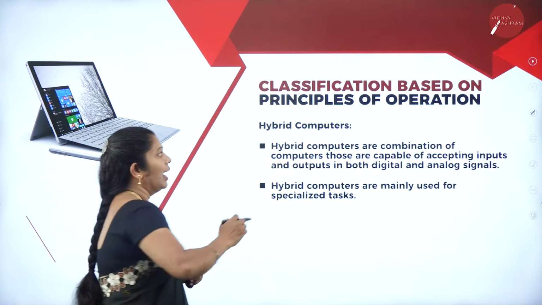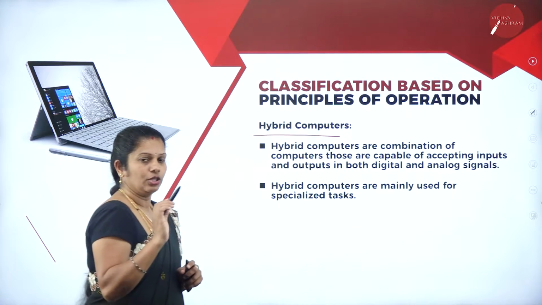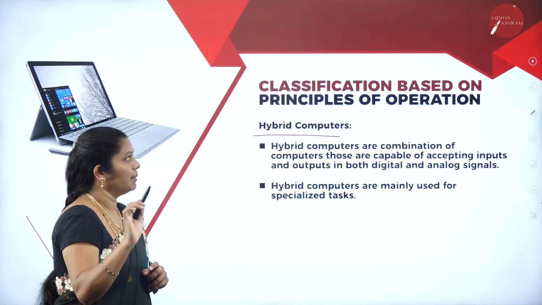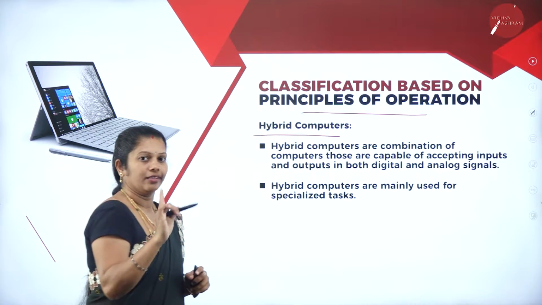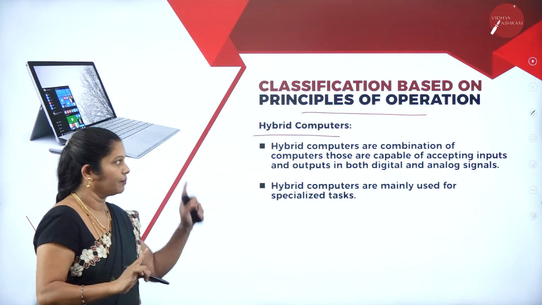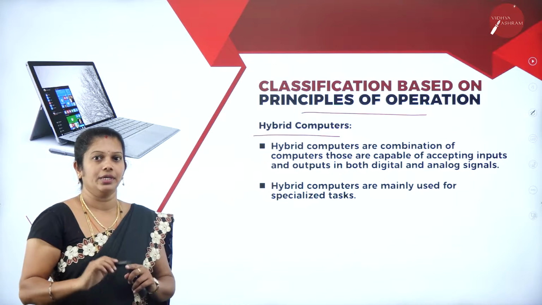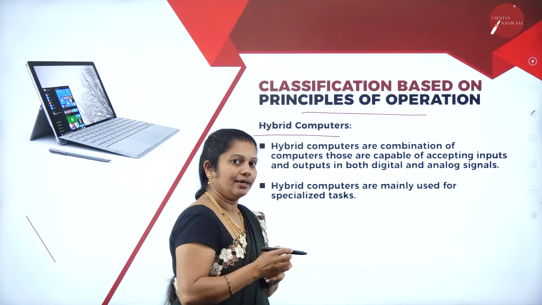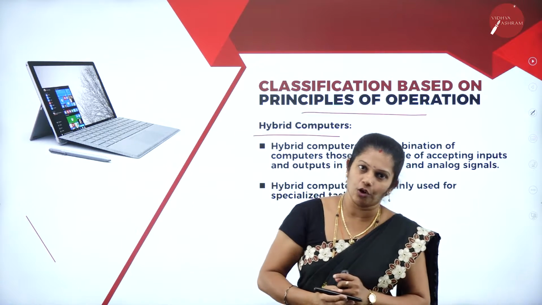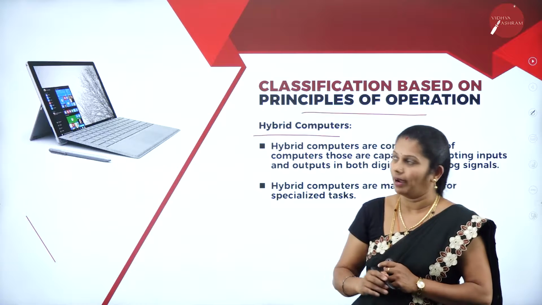Next, when you come on hybrid computer, in the classification of computer based on the principle of operations, three types: analog, digital and hybrid. Hybrid computer is a combination of analog as well as digital. Here I can get both analog format as well as digital format.